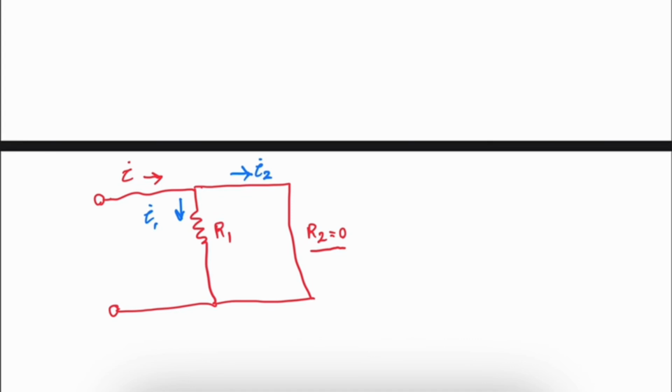If R2 is equal to 0, no current passes through R1, and therefore I1 is equal to 0, and all the current passes through I2. Therefore I is equal to I2, and the equivalent resistance R equivalent is equal to 0. R1 is also short circuited.